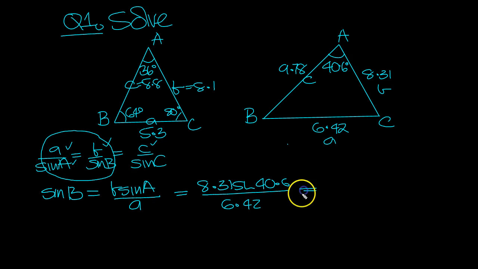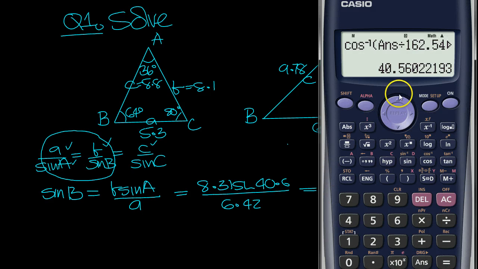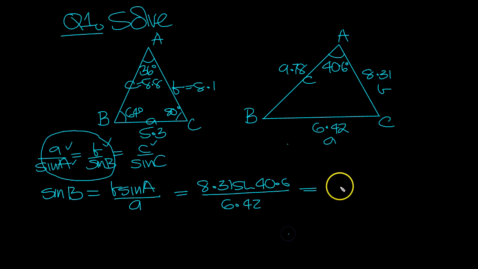So that will be more accurate, won't it? So let's have a look what that is. Yeah, there it is there in the answer. So it's 8.31 times sine of the answer divided by 6.42. There we go. 0.8416. 0.84. So that tells us what B is.